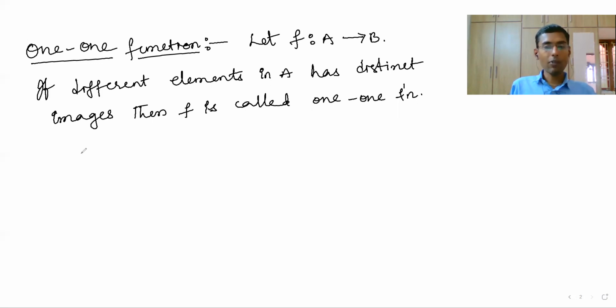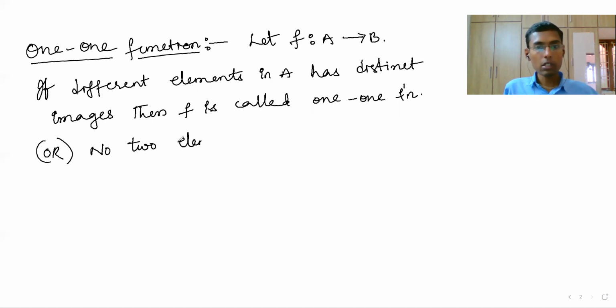You understand this? Different elements should have different images. Or you can say, no two elements have the same image. That is another way of writing it. No two elements in A have the same image.